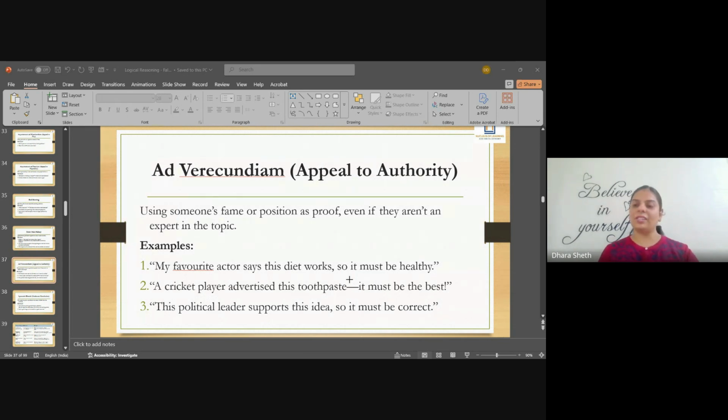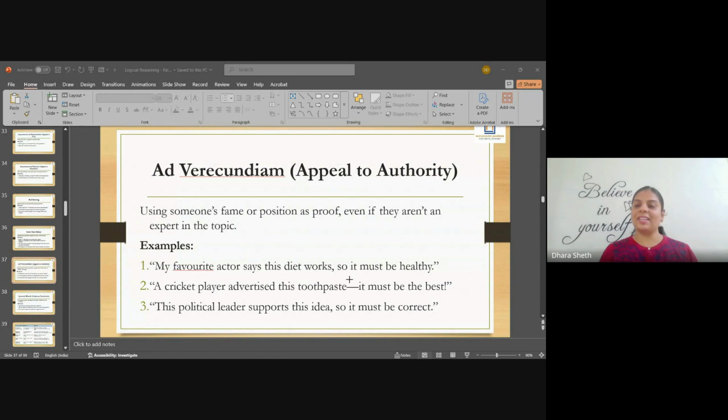You are saying that because someone is a celebrity or a famous person, what they are saying is correct, even though that statement was not made in a field in which they are expert. My favorite actor says this diet works, so it must be healthy. An actor giving a statement about acting, great.